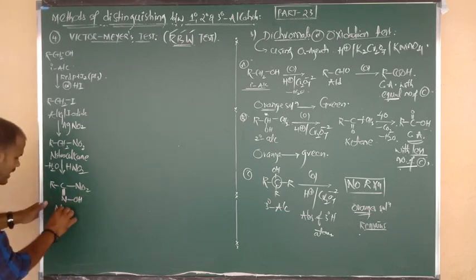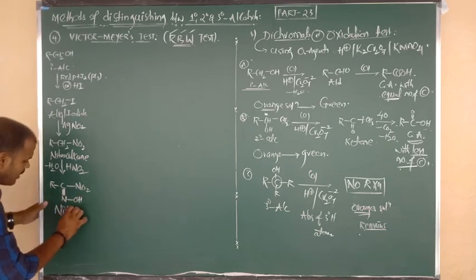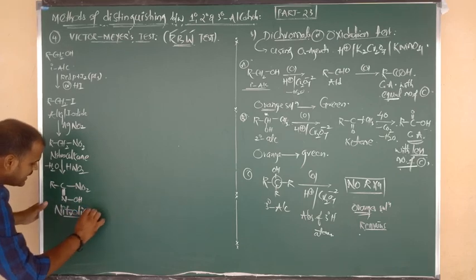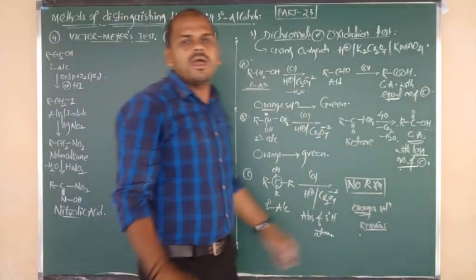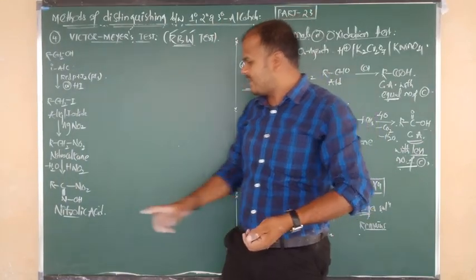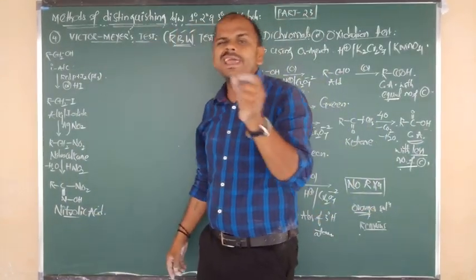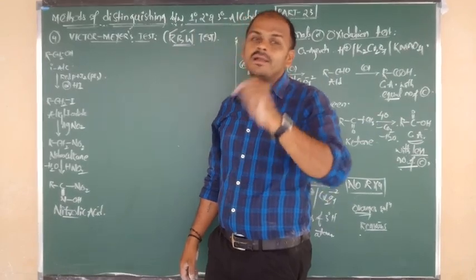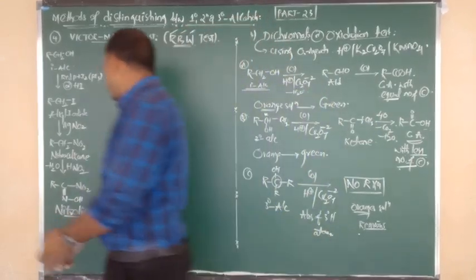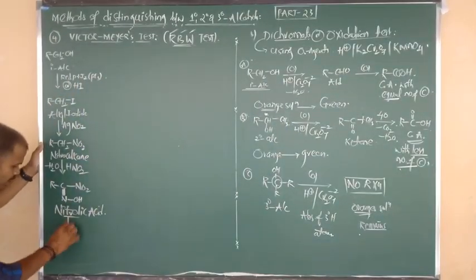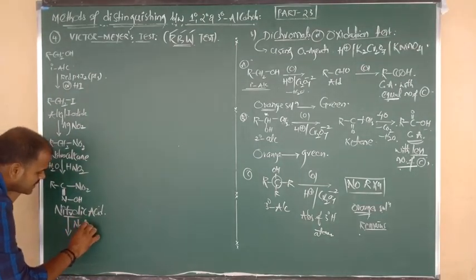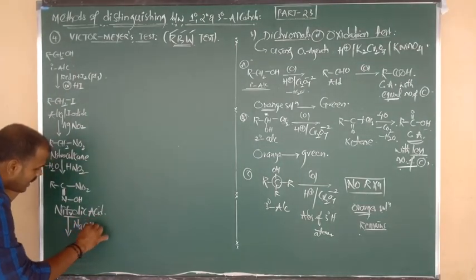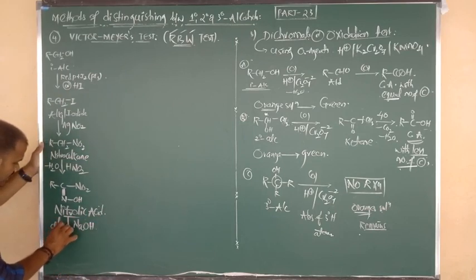A very, very important compound. This is called nitrolic acid. Try to remember, an evergreen important formula, along with the name. This is called nitrolic acid. And the final thing: such nitrolic acid upon reaction with alkali, the alkali being, suppose, sodium hydroxide.